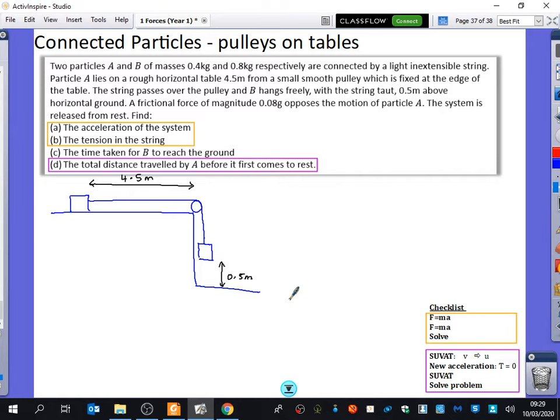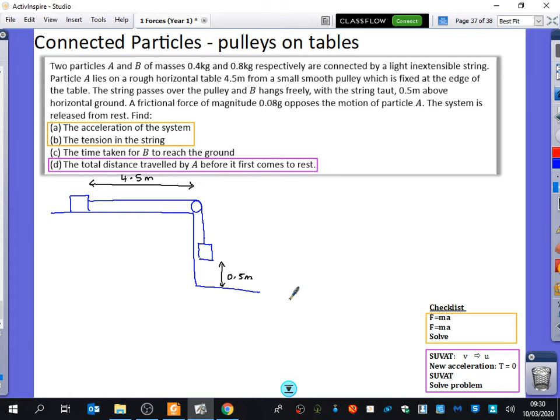My hand is like particle A and my keys are like particle B. If I release, it's just going to start sliding until one of the things hits the floor, or until particle A, which is my fist here, hits the pulley, which is my finger. So instead of things going up and down, we've now got one thing going left and right and one thing going up and down.